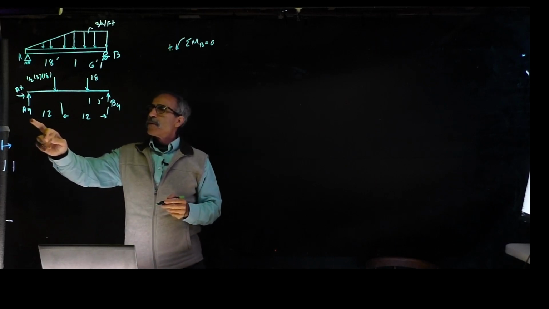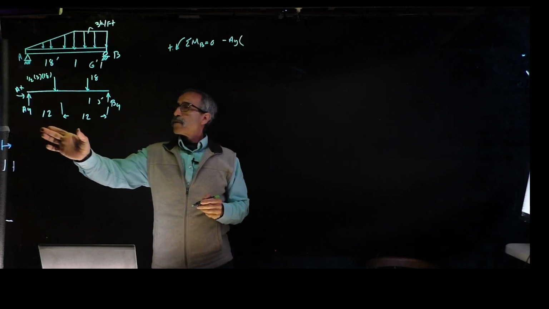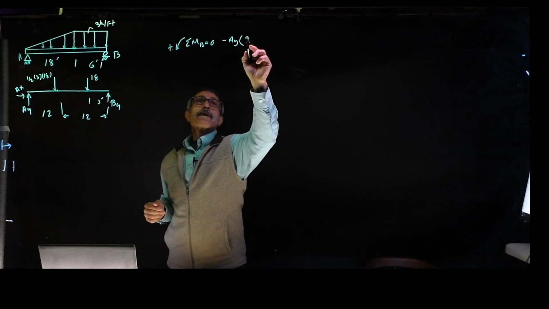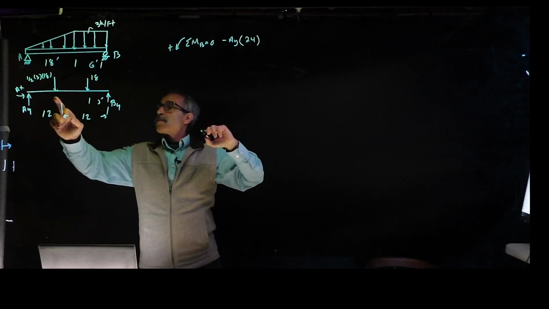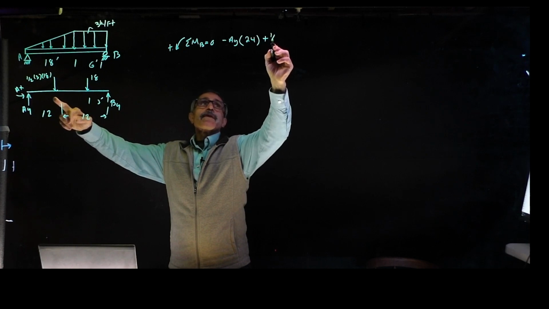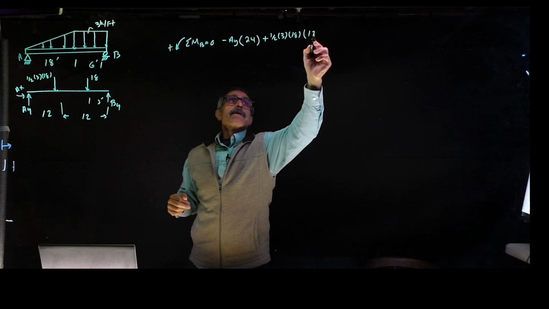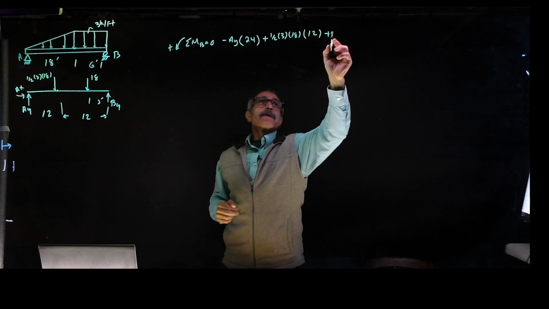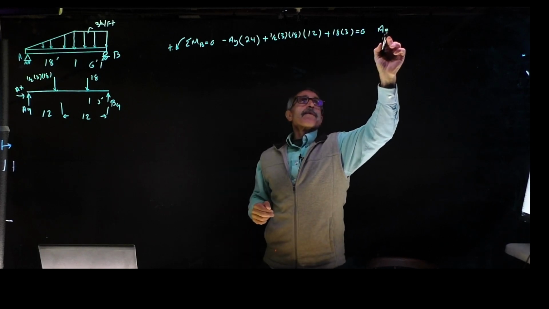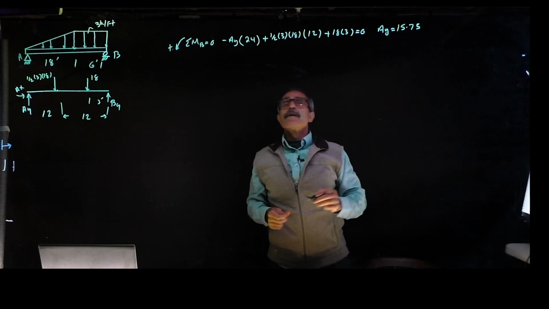I'm going to have AY times 12, 18 and 6 is 24, and then that's going to rotate counterclockwise, plus 1/2 of 3 times 18 times 12, and then plus the next one, which is plus 18 times 3, equals 0, and your AY should come out to 15.75 kip.